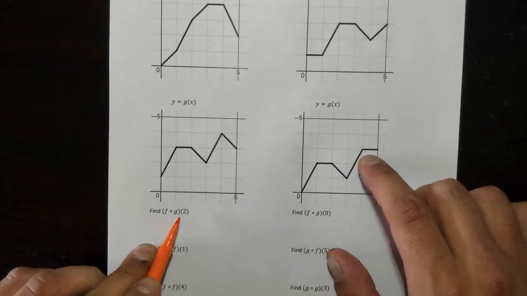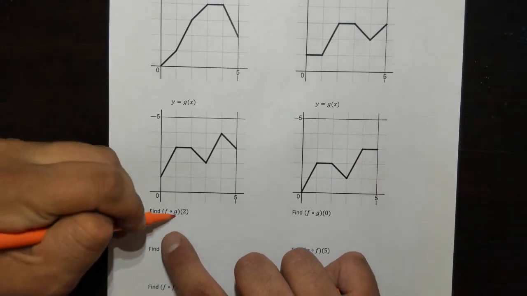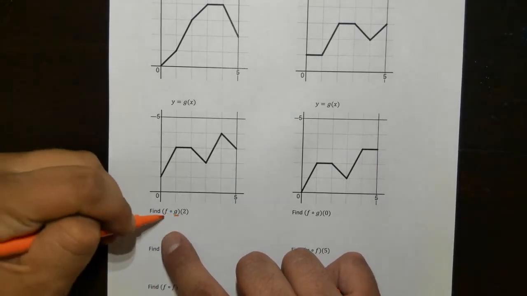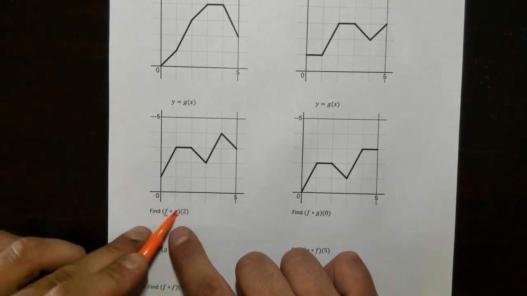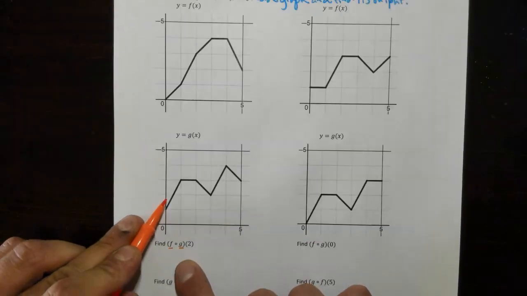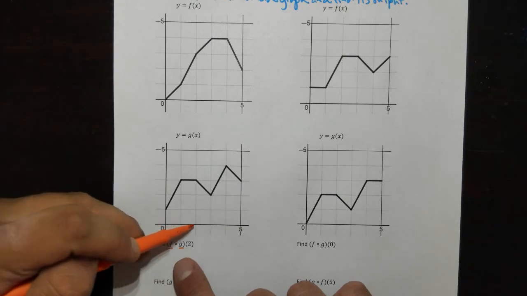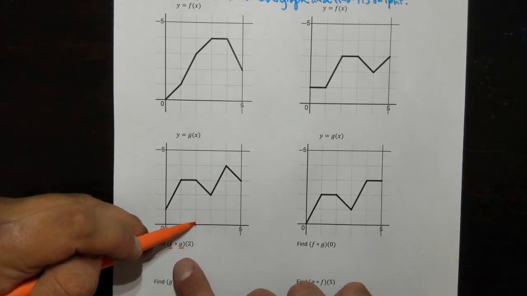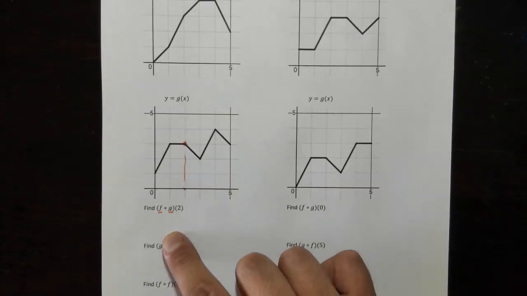So find f of g of 2. Our inside function is g, and our outside function is f. So what we're going to want to do is take the input into g. So find our g graph, and that's the second one. Our input is 2, so that would be 1, 2, and find its corresponding output. And it's 3.